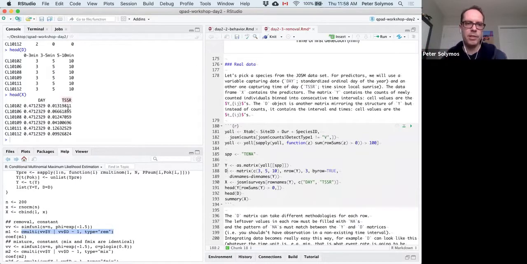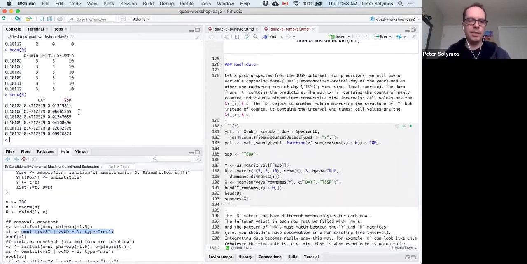TSSR, that means times since sunrise. So if you calculate time of day as a 0 to 1 number, so time of day in hours divided by 24, now you have this number, and you also know when the sun rose. They can calculate, was it like 1 hour before sunrise, 1 hour after sunrise?